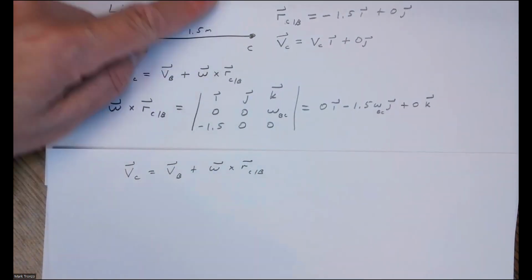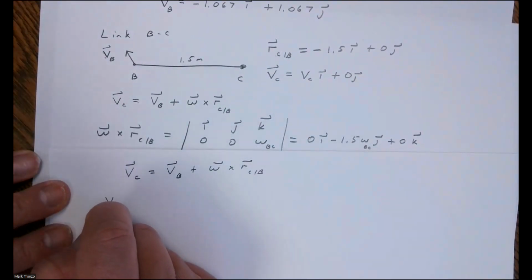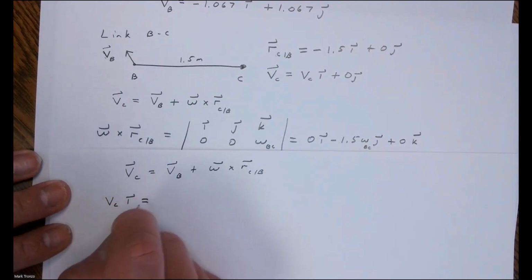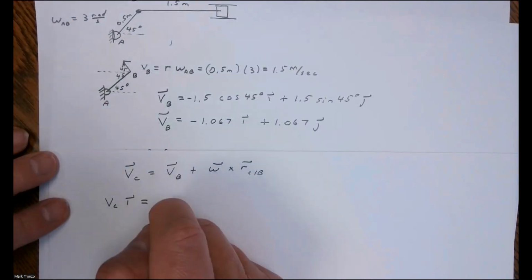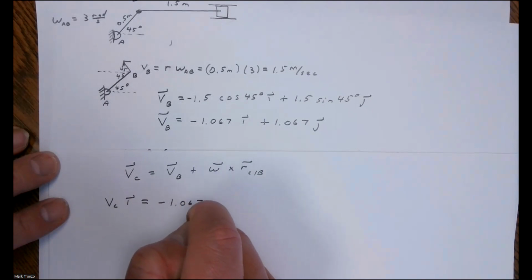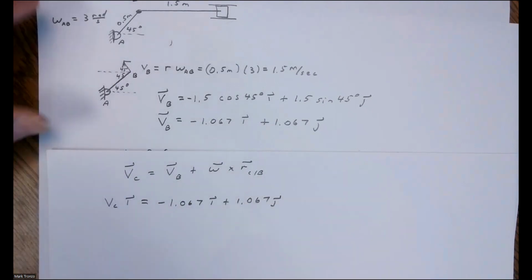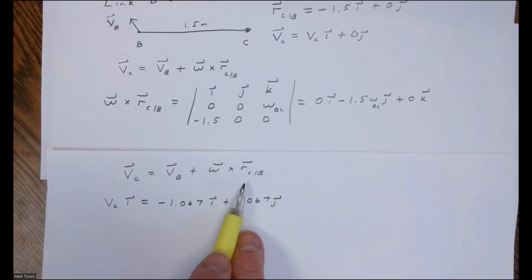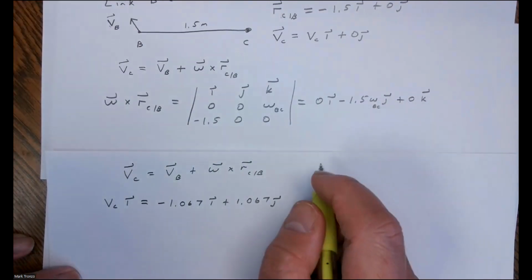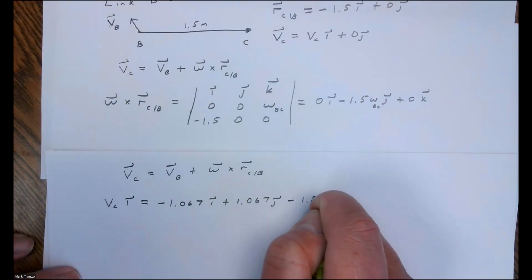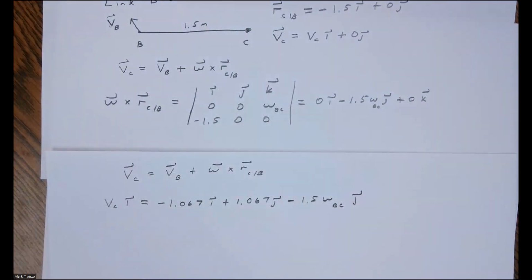And we've said that VC was in this form, VC I. And we also previously found that VB was this. And we just calculated this omega cross RCB up here. And we don't need to put these zeros in. We can just call this minus 1.5 omega BC J, like this.